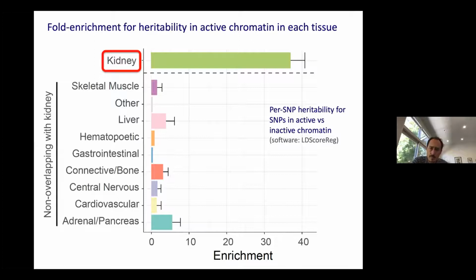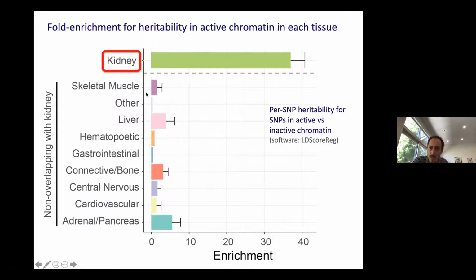And it turns out that this actually explains a large fraction of the signal. So if we remove kidney active chromatin from the model and then look at other tissues, none of the other tissues clearly show much substantial enrichment. So perhaps adrenal and pancreas are showing some significant enrichment here, but it's relatively modest.